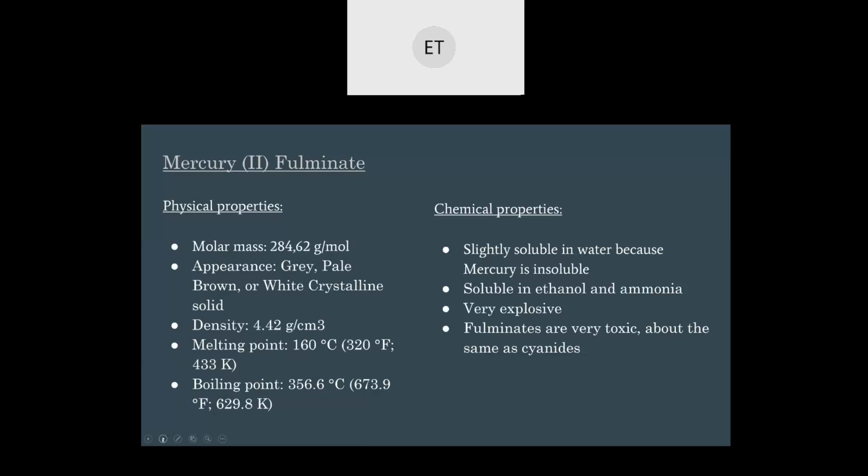Some of the chemical properties are that it's slightly soluble in water because mercury is insoluble. It's soluble in ethanol and ammonia. It's very explosive, so it's harmful. And fulminates are very toxic, about the same as cyanide. So both of them are very toxic molecules.